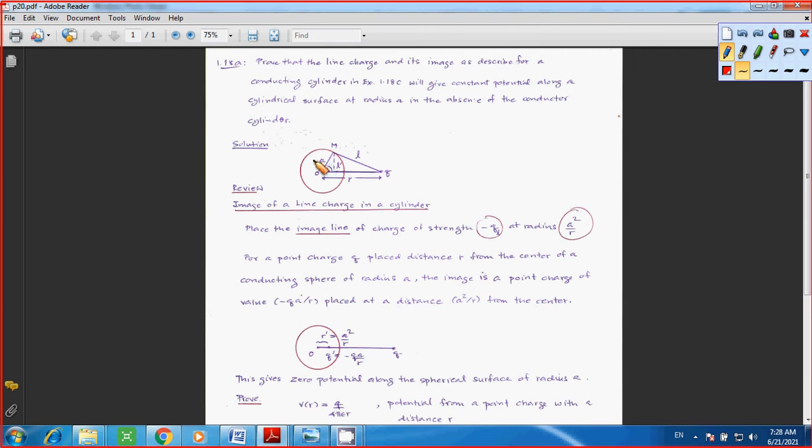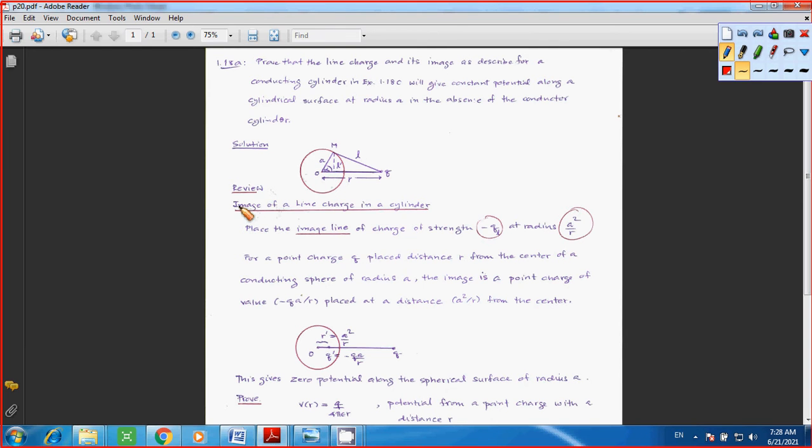Take a look at the picture here. You have a conducting cylinder with radius a, and you have a point charge q with distance r from the center of the sphere.